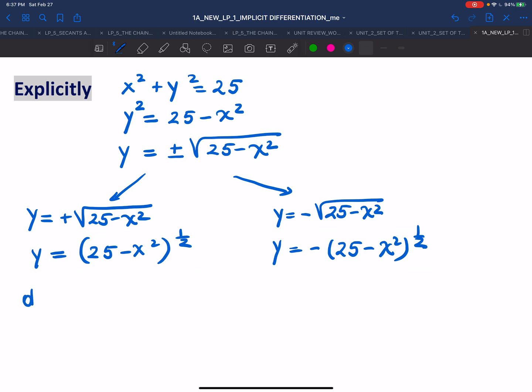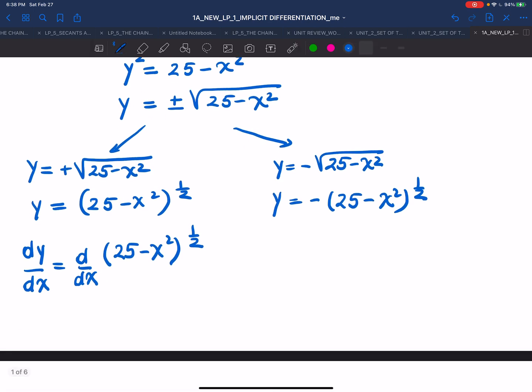So we'll say that dy/dx for the first equation will be d/dx of (25 minus x squared) to the power of 1 over 2. As you can see, this derivative is expressed in explicit form because the function is expressed in terms of the same variable as the variable in the derivative.